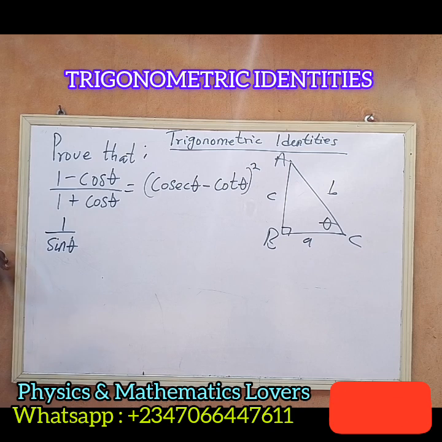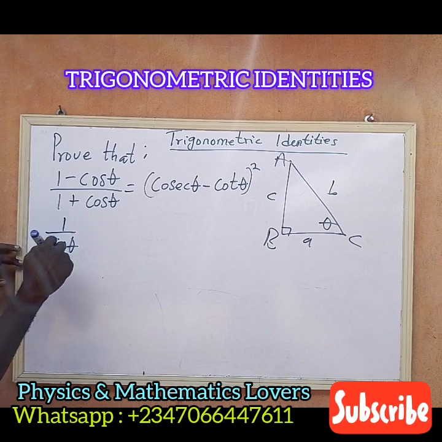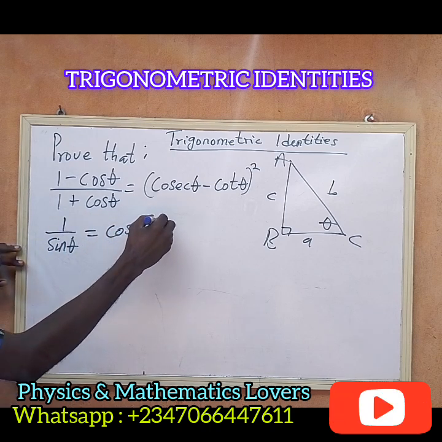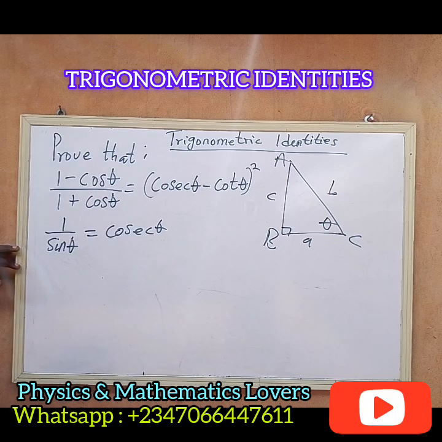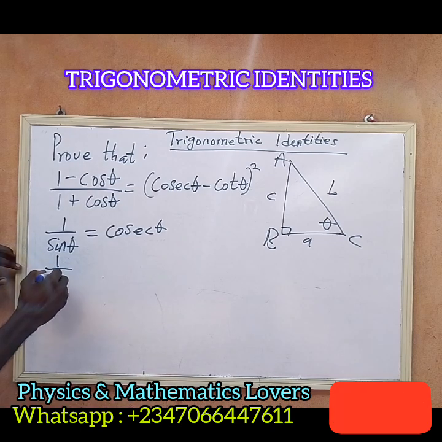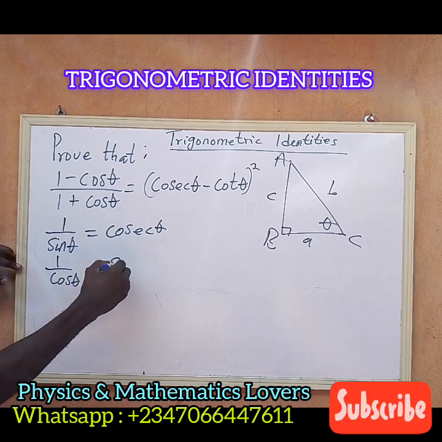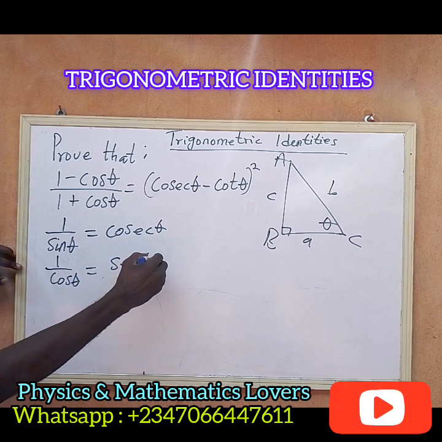Remember, we have three basic ratios: the sine, the cosine, and the tangent. So 1 over sine theta gives me cosec theta. If I have 1 over cos theta, it gives me sec theta.